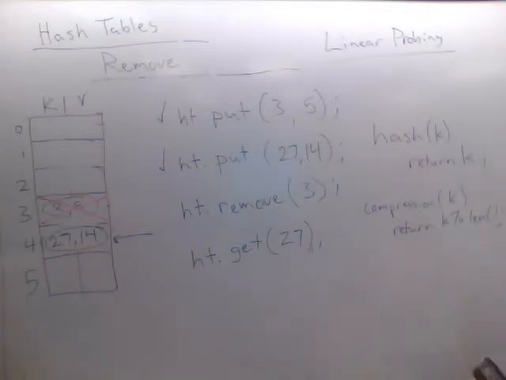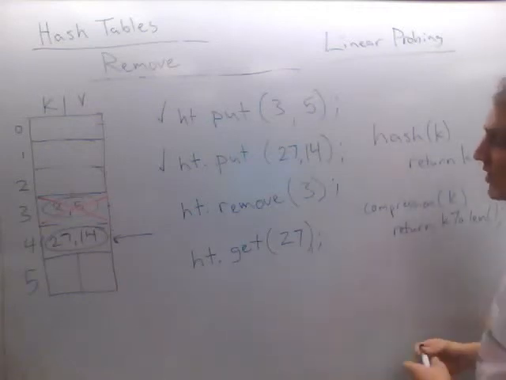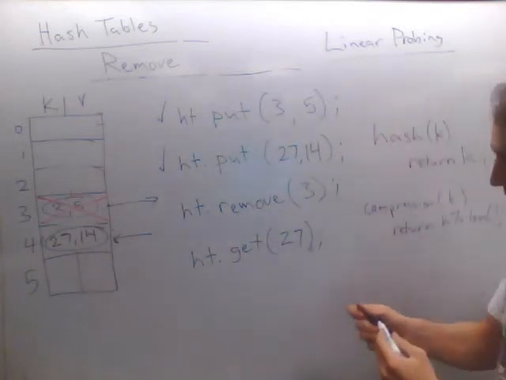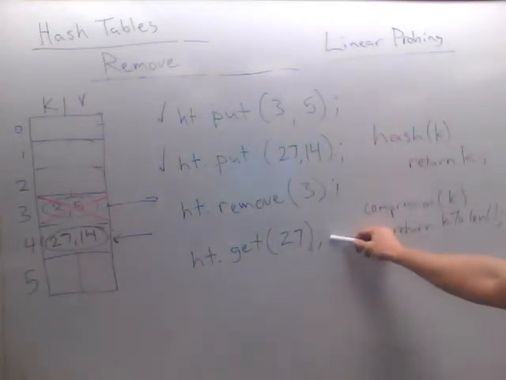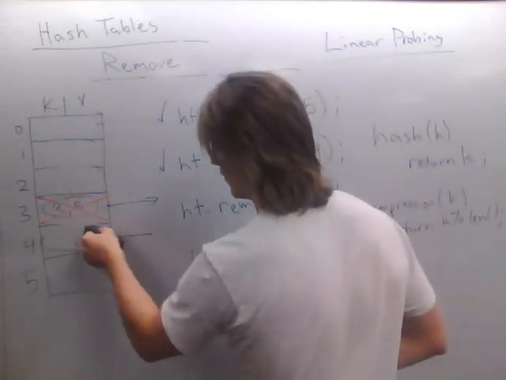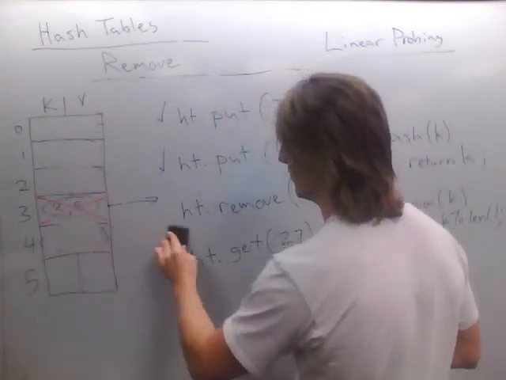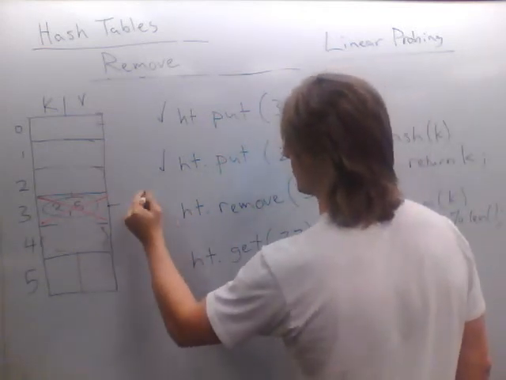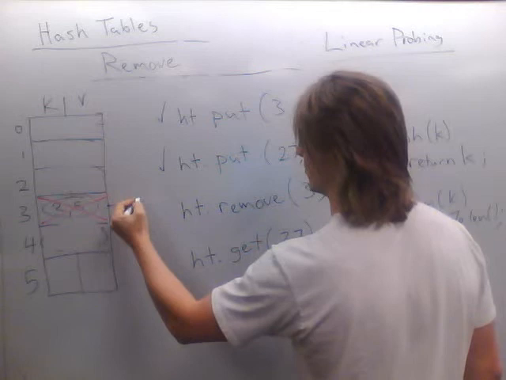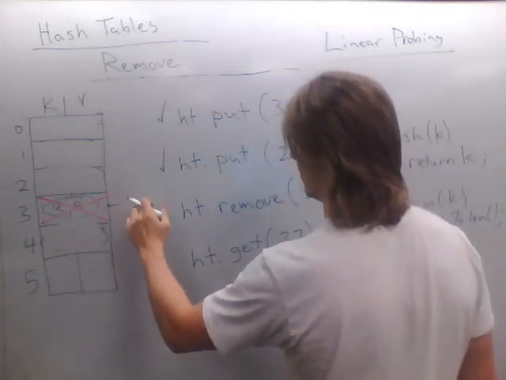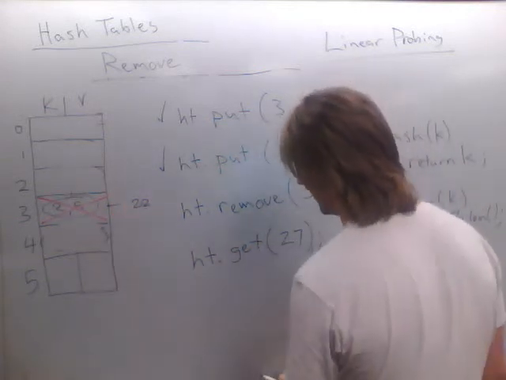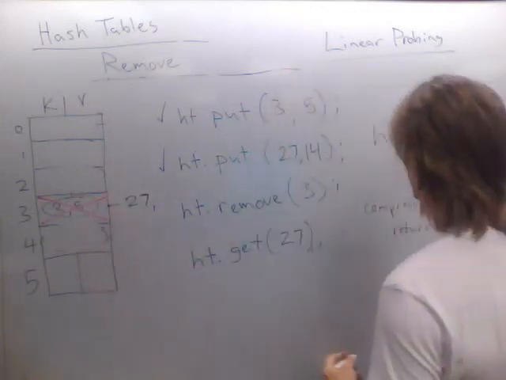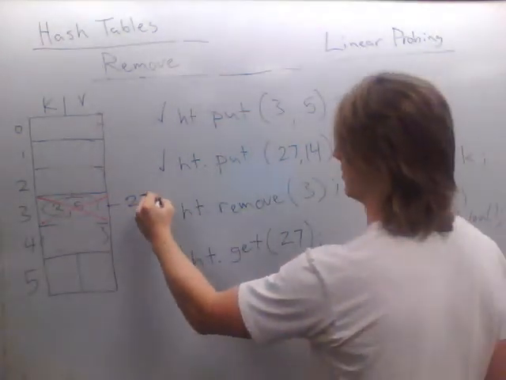For external chaining, instead of pushing it down, we'd make it a linked list. So when I say get 27, on this collision here, when I put it in, let's write 27 and 14.